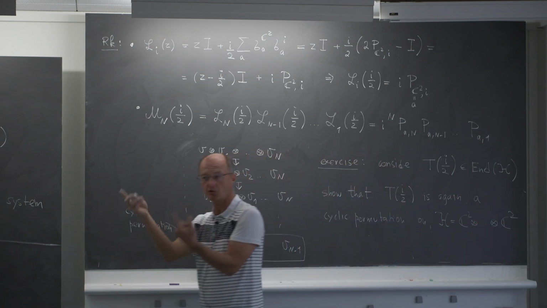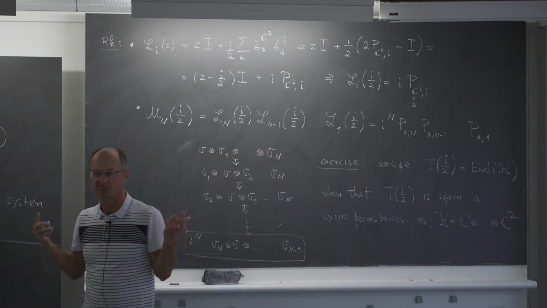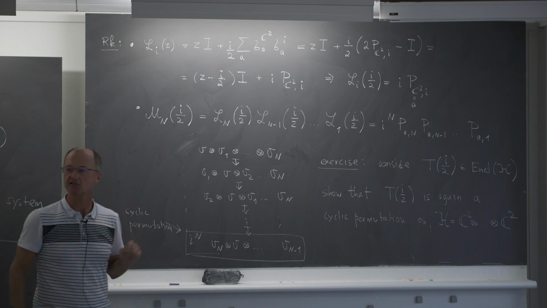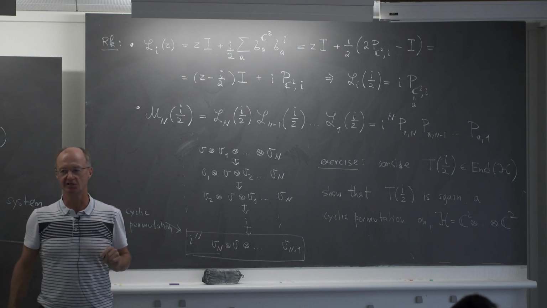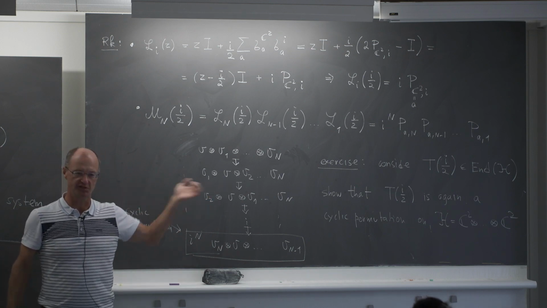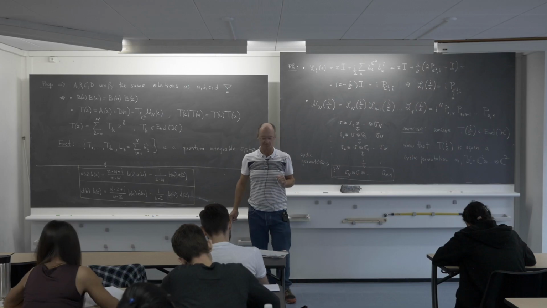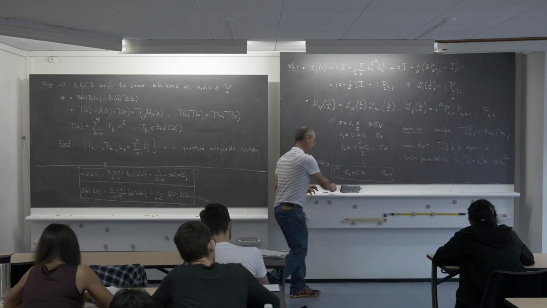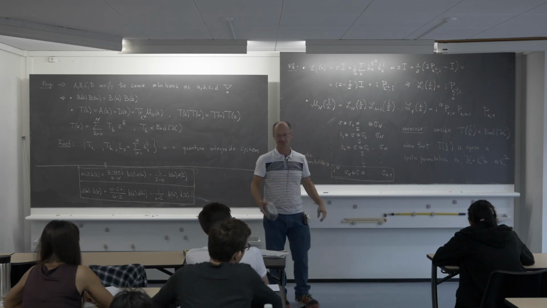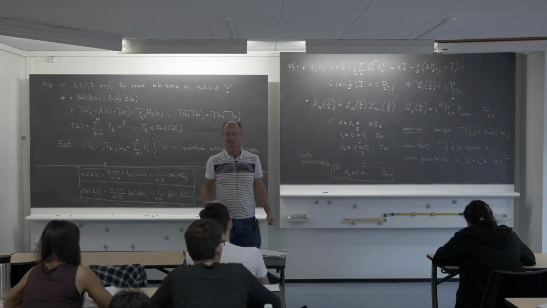On H, you can also permute. And if you take a trace over the auxiliary space, it will turn out to be a cyclic permutation again. Well, there is here some small thing to prove.